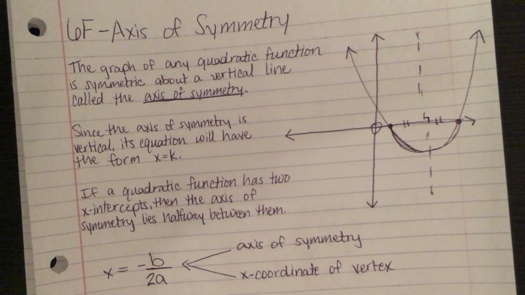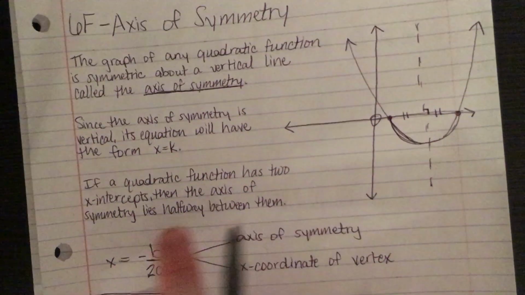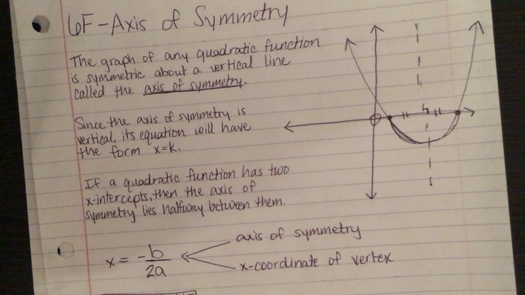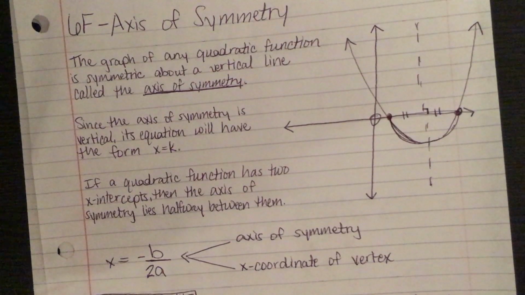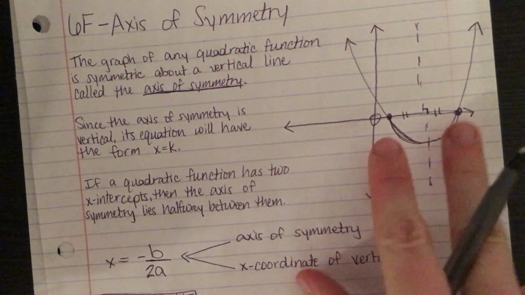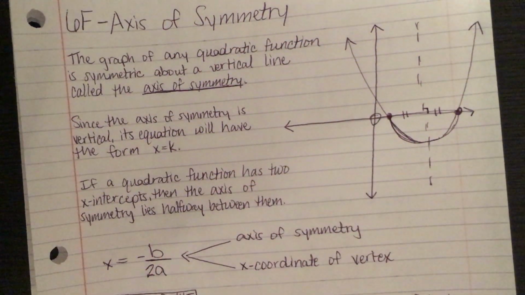Now, the thing that we do need to mention, we didn't get into this last class. If a quadratic function has two x-intercepts, so if you have it here and you have it here, the axis of symmetry lies halfway in between your x-intercepts.